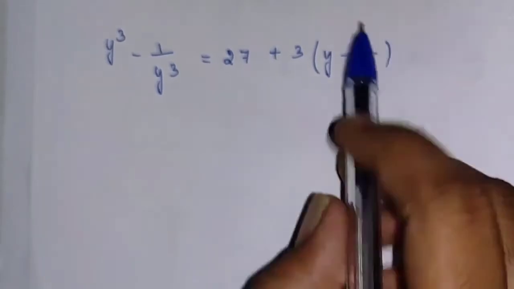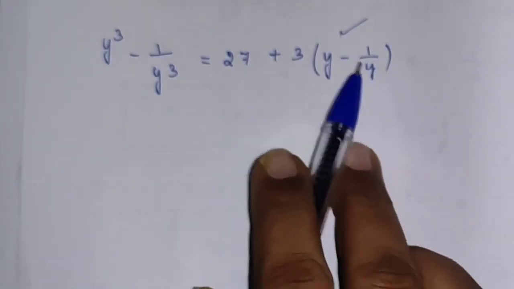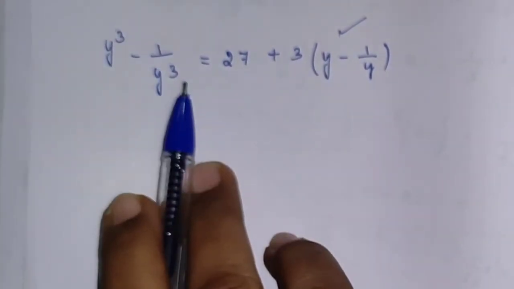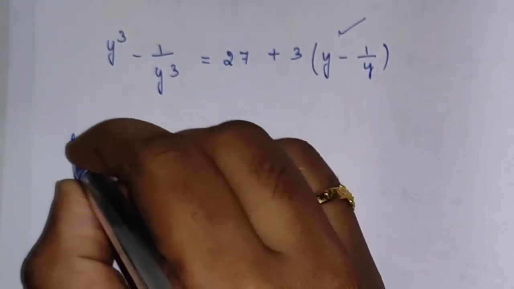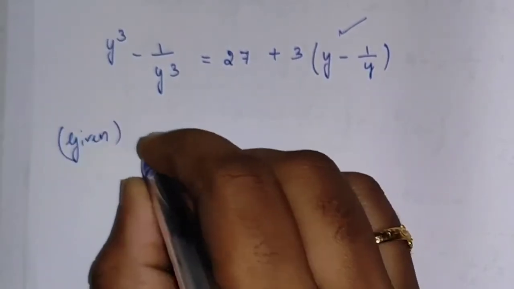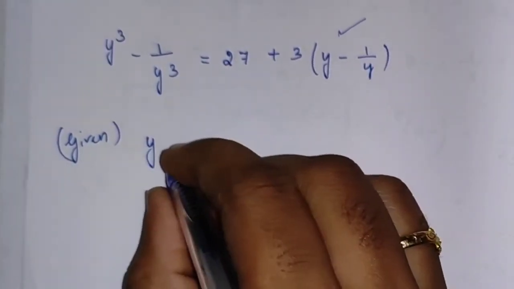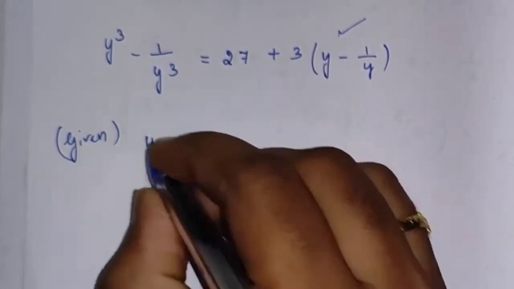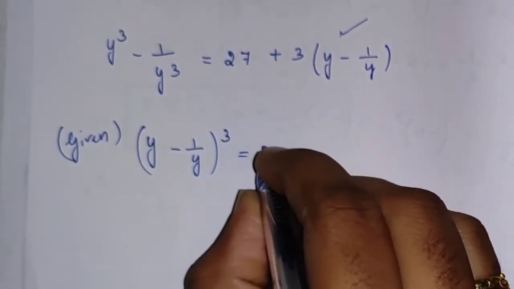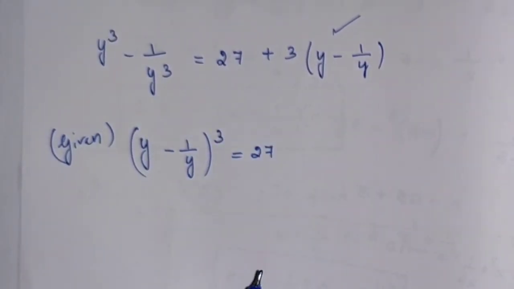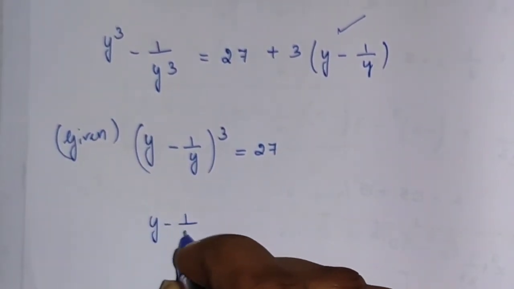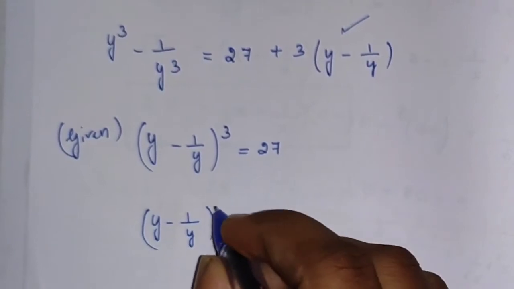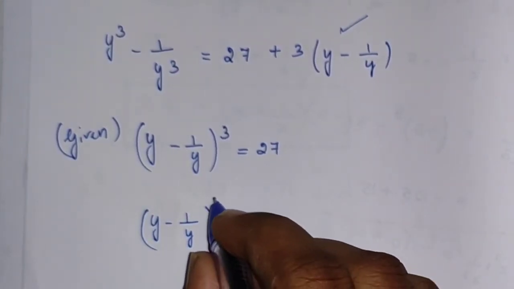If we know this value, you can substitute and find the value of y cube minus 1 by y cube. To find y minus 1 by y, from the given, we know that y minus 1 by y the whole cube is equal to 27, right? So we need y minus 1 by y, so you write cube here.